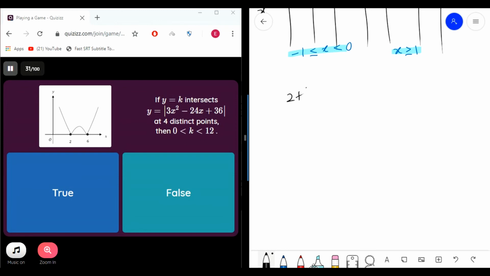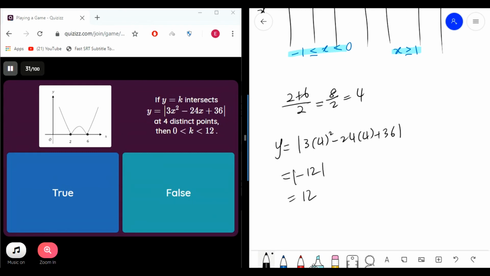So 2 plus 6 over 2 is 8 over 2, which is 4. Then we substitute into the equation. 3 times 4 squared minus 24 times 4 plus 36. Press calculator, equals negative 12. Then you take the absolute value of it, it will be 12.